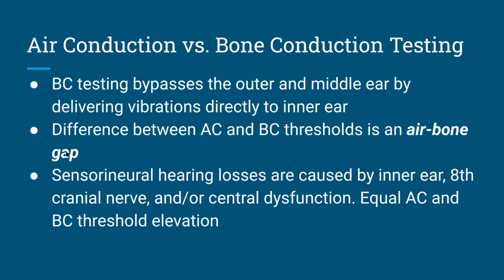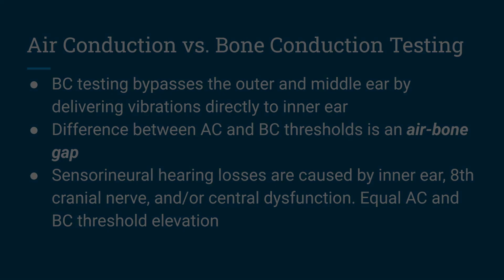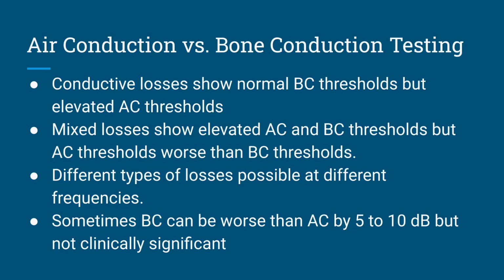Sensory neural hearing loss is caused by the inner ear, eighth nerve, and central auditory dysfunction. Equal air conduction and bone conduction threshold elevation is associated with sensory neural hearing loss. Conductive losses show normal bone conduction thresholds, but elevated air conduction thresholds.